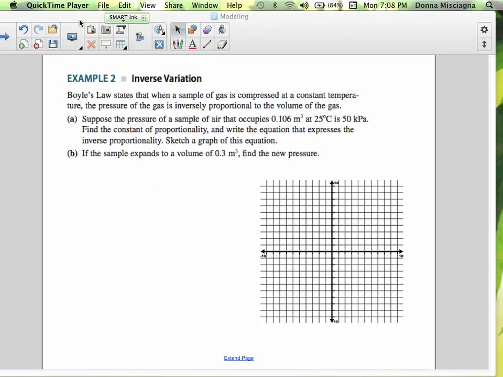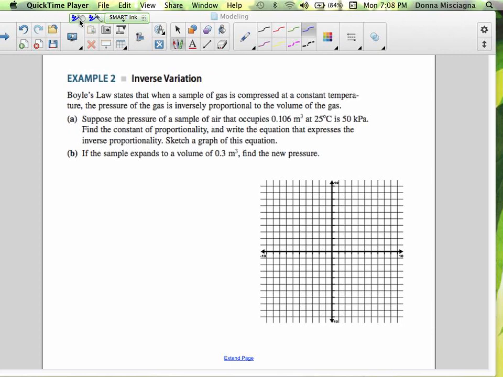Inverse variation. Boyle's law states that when a sample of gas is compressed at a constant temperature, the pressure of the gas is inversely proportional to the volume of the gas. Right? So let's think about what that's telling us.